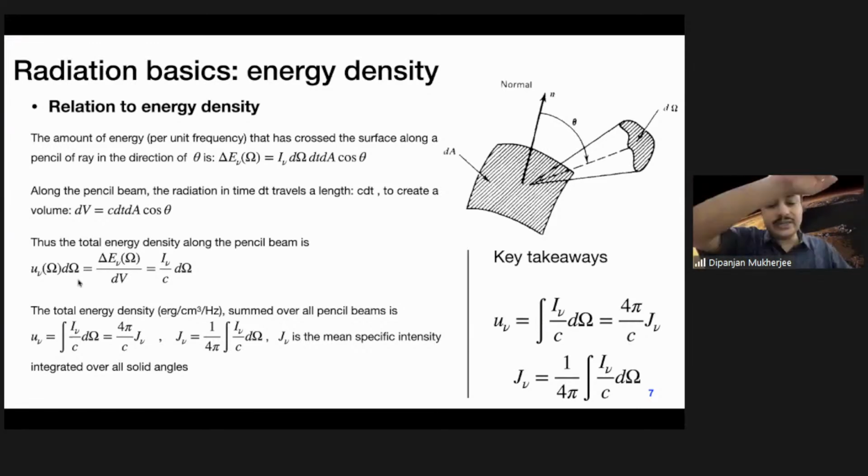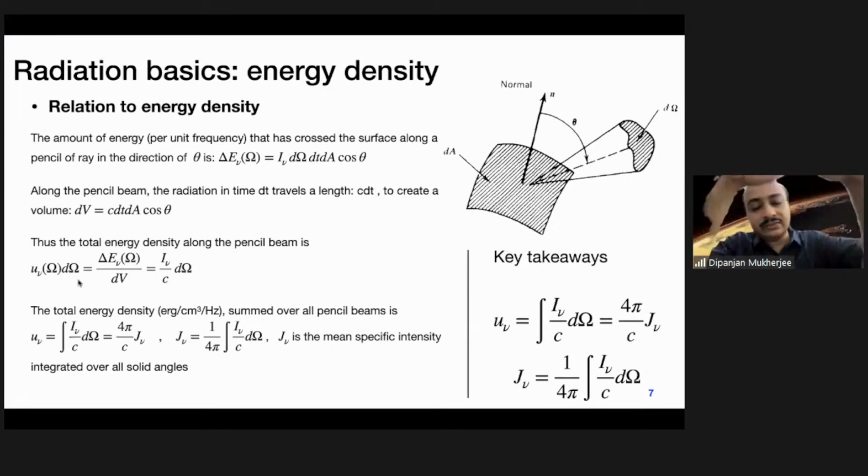You integrate over all the solid angles and find, in the given volume, the total amount of energy per unit volume. That is the solid angle integration of all the pencil beams. You can think of it almost like an angle averaging of the energy density, which is essentially a function of the angles.